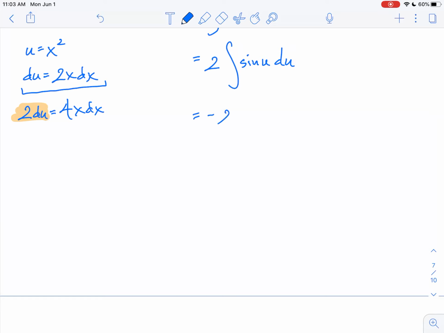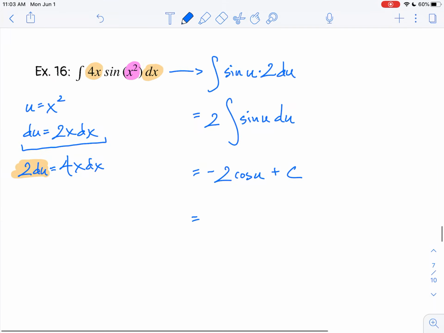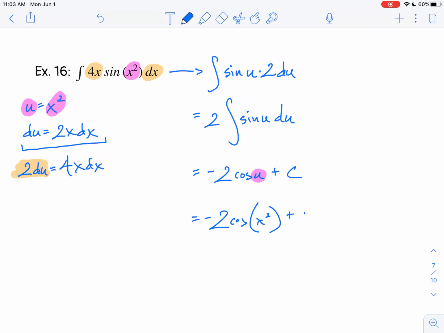So that'll be negative 2 cosine u plus c. And then in order to finish our problem, everywhere I see the u, I want to put back in my x squared. So this is going to become negative 2 cosine of x squared plus c. And that's what we get for our final answer for number 16.